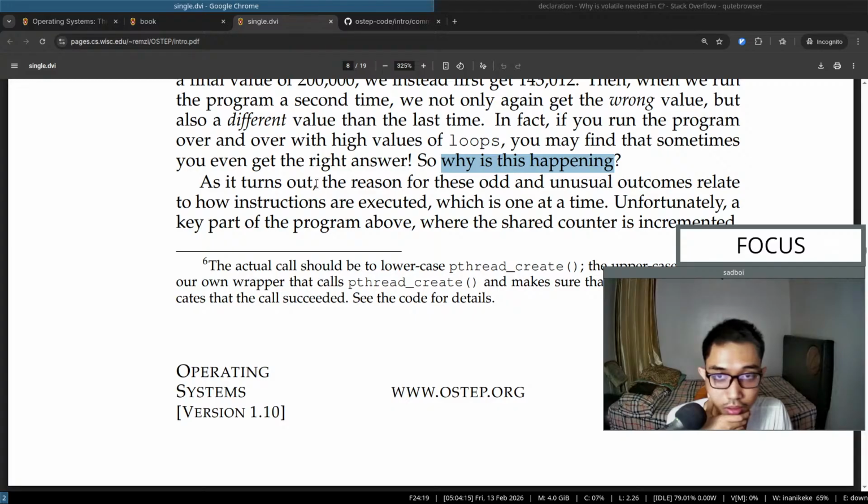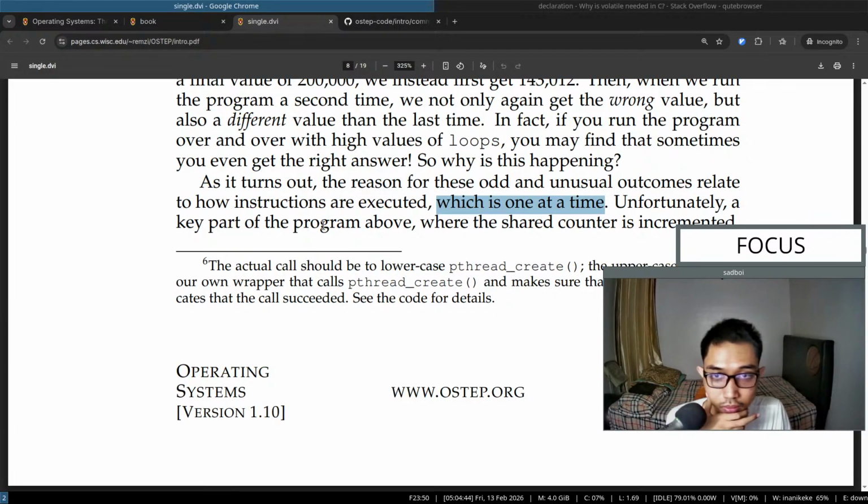As it turns out, the reason for these odd and unusual outcomes relates to how instructions are executed, one at a time.